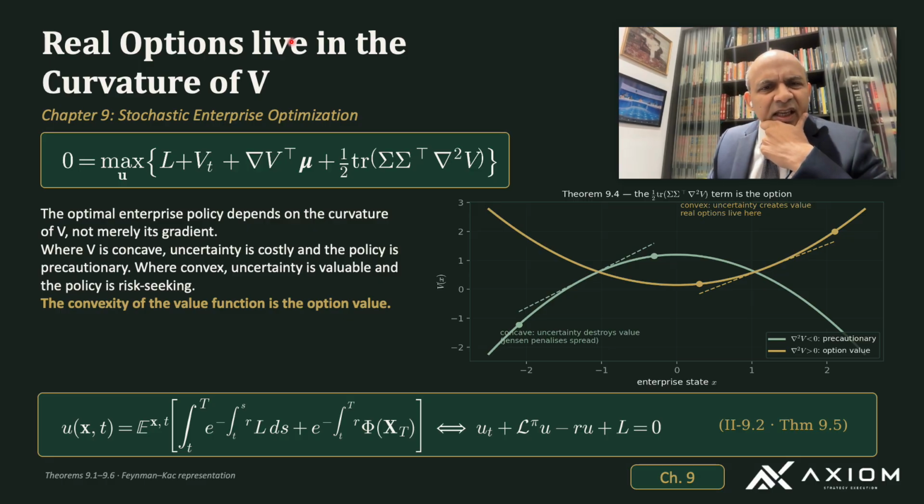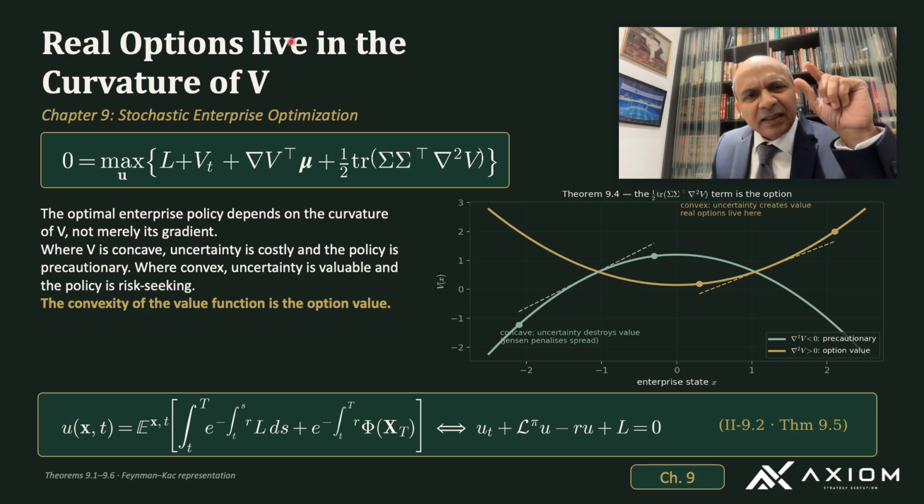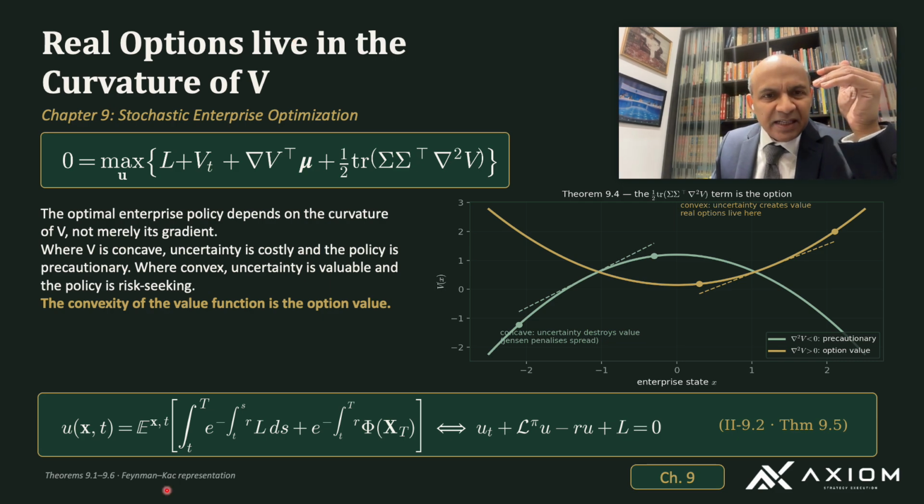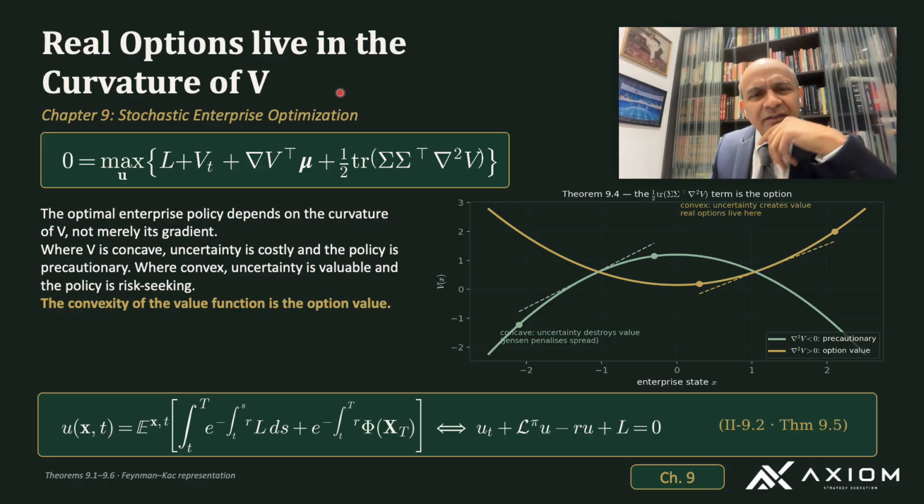Now, the Feynman-Kac representation links an expected discounted future value expression to its corresponding backward PDE, which is what we are looking at over here. U is the expected discounted enterprise value when the current state is x at time t. E is the conditional expectation operator, given x of t.